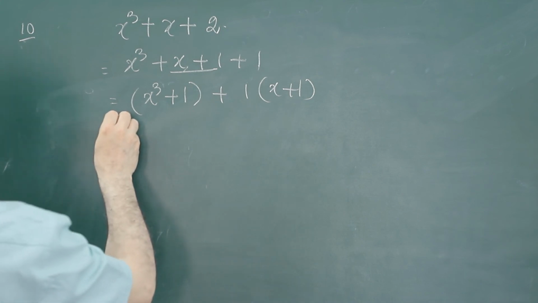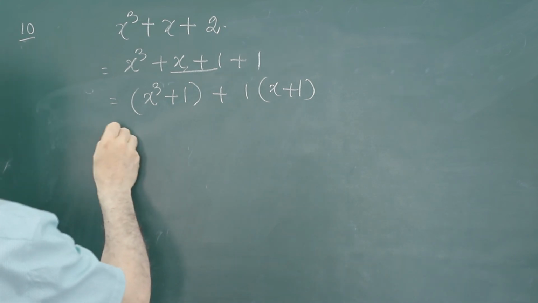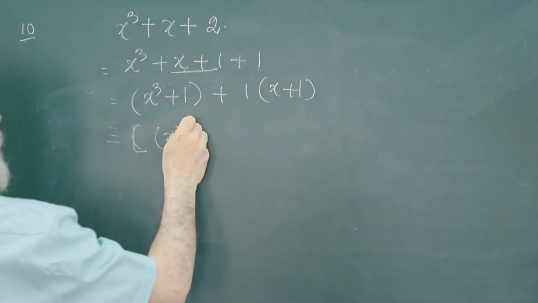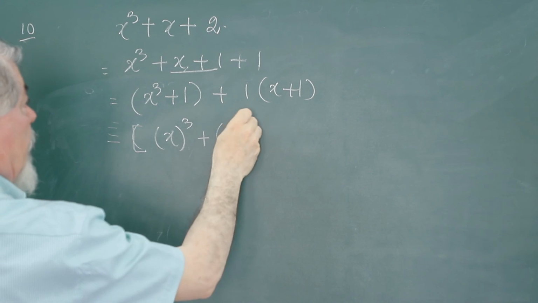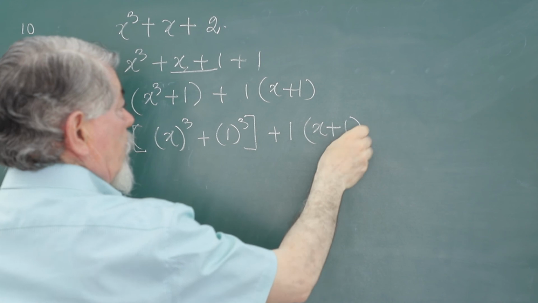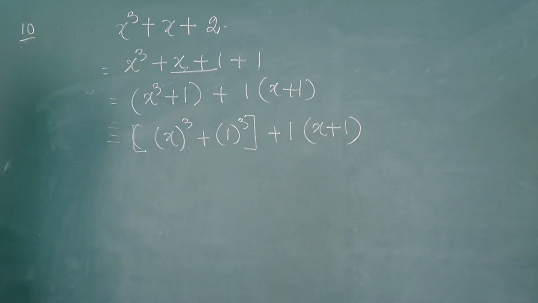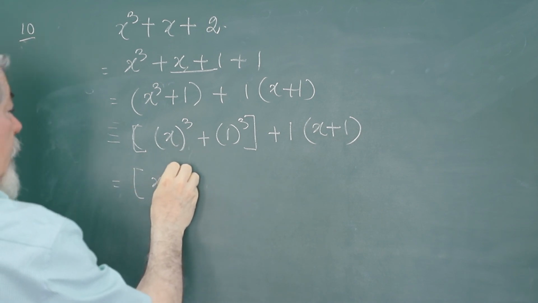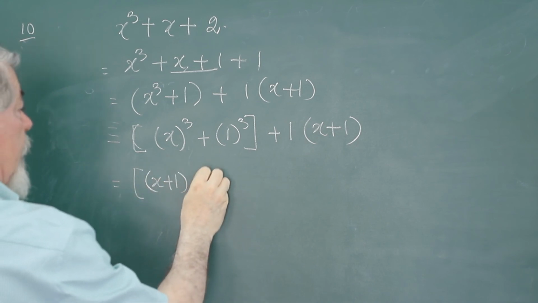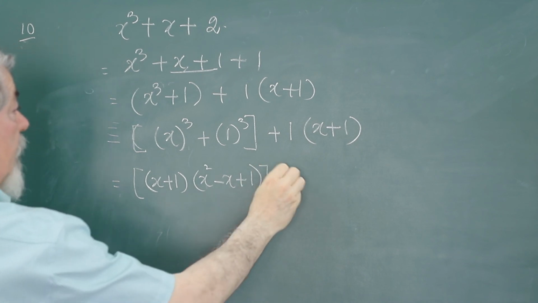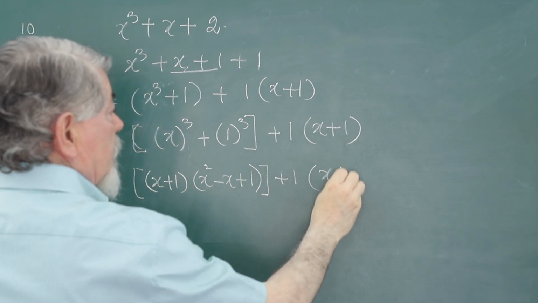So what do I get? I get x to the power 3 plus 1 to the power 3 plus 1 into x plus 1. Now what will I get? A cube plus b cube has factors a plus b, that is x plus 1, then x squared minus x plus 1, plus 1 into x plus 1.